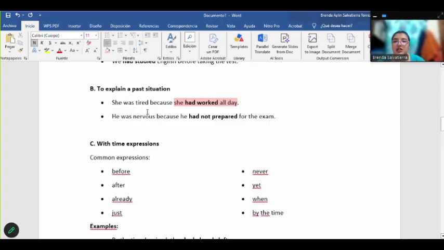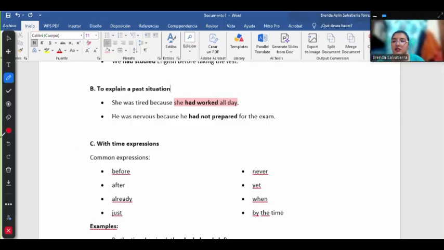She worked all day. Okay, consequently she was tired. So if we want to put it in a single sentence, she had worked all day, that's why she was tired. Or the other way around, she was tired because she had worked all day, and this is the second action.